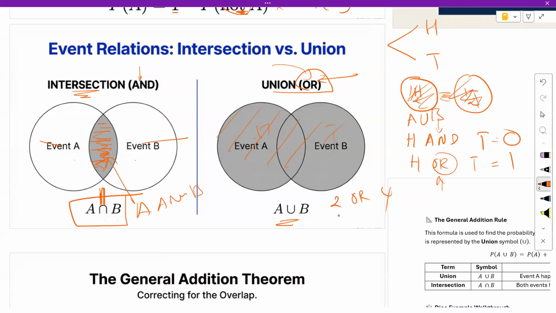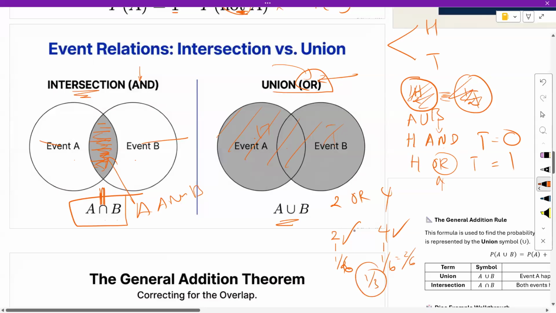Why is that? When you throw a die, if you get a score of 2, you win. If you get a score of 4, you win. The probability of getting 2 is 1 over 6. The winning chance of getting score 4 is 1 over 6. Then 2 over 6, which is 1 over 3.